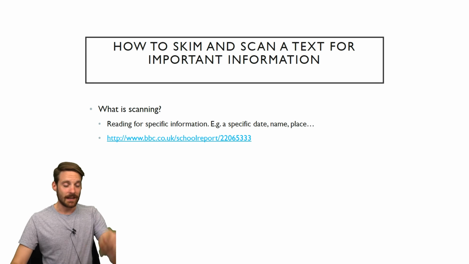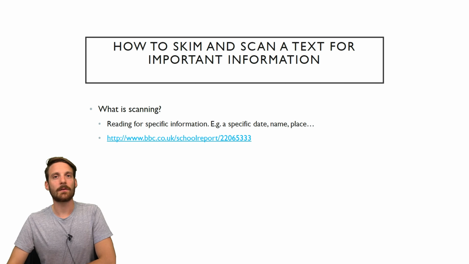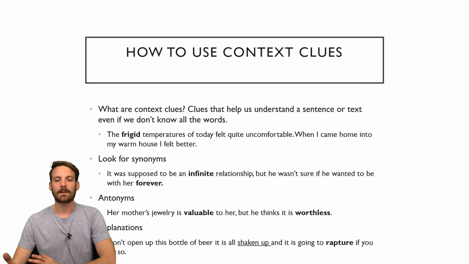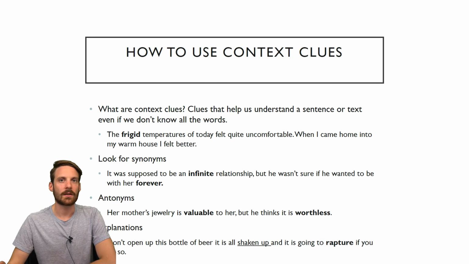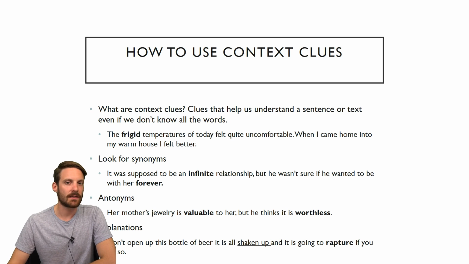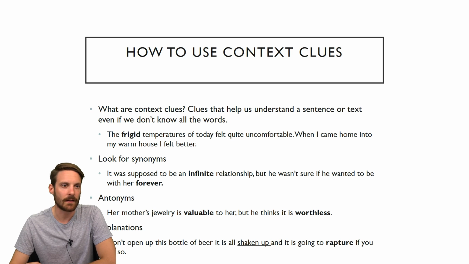So the next thing we're gonna talk about is context clues. What are context clues? You all know about clues, maybe. So if you're speaking in detective terms, a clue is like evidence.